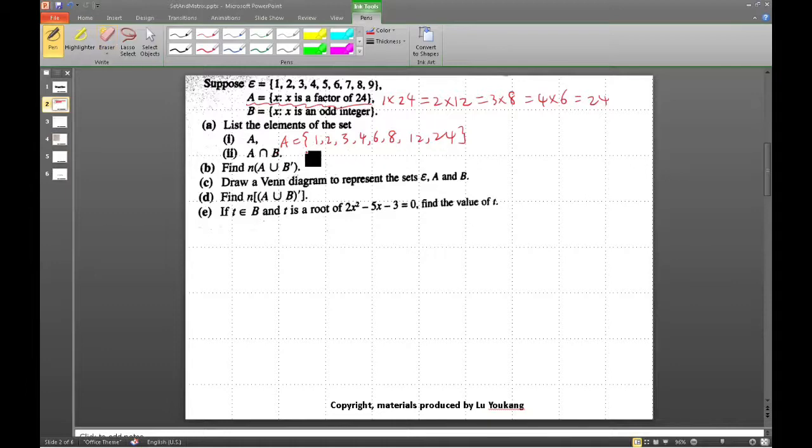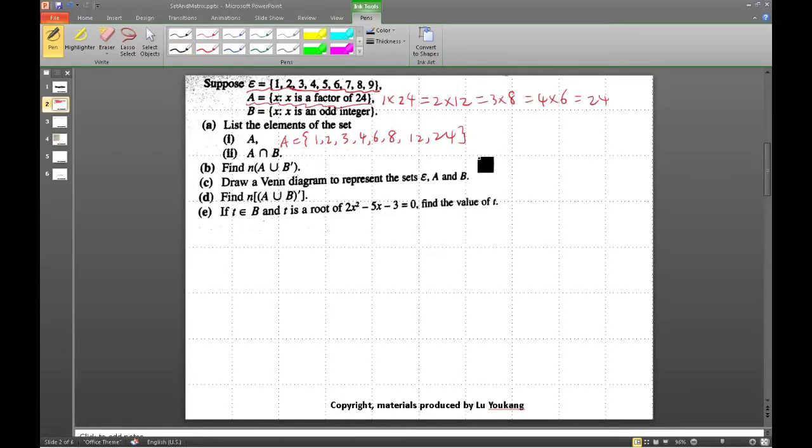Therefore, for this set, anything above 9 we should delete because of this universal set.